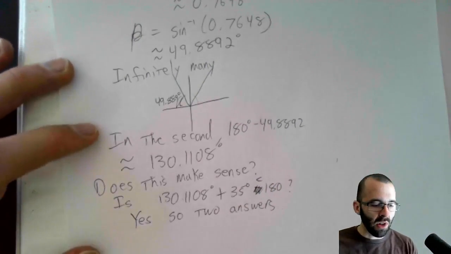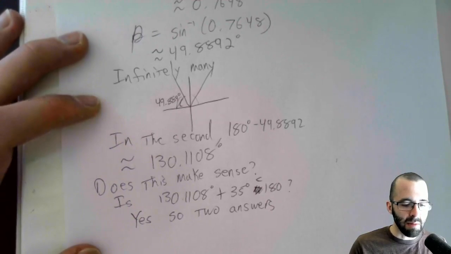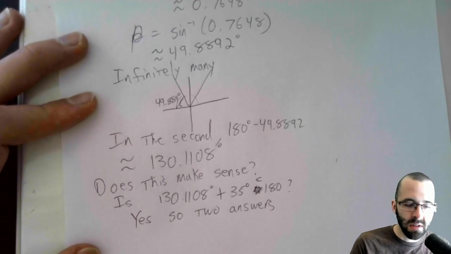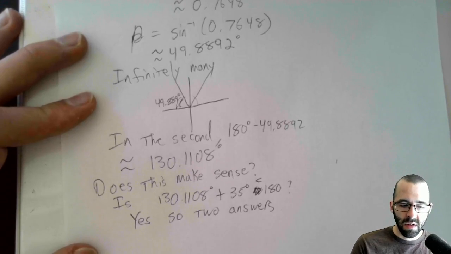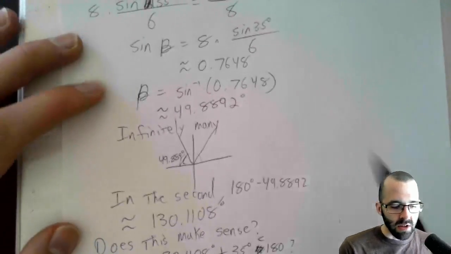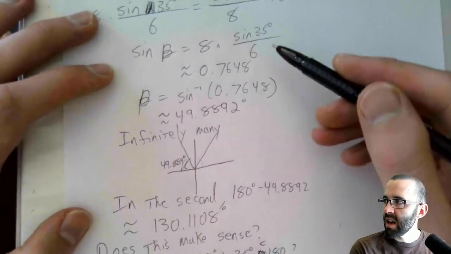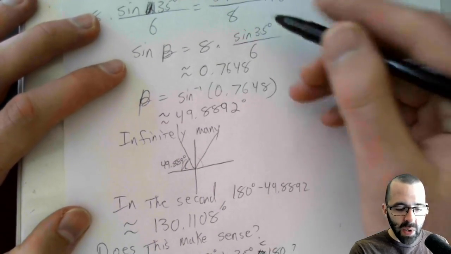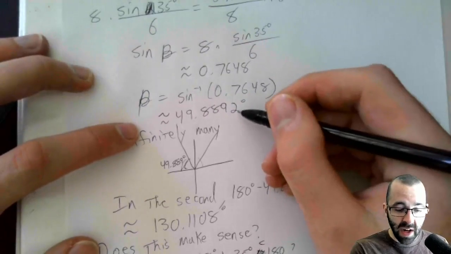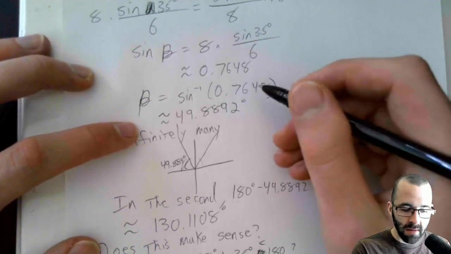This right here, this line of logic from the last 5 minutes is the most important thing from this whole section. Or maybe not the most important, but the trickiest. Okay? To find our beta, we used the law of sines, and that set up a trig equation. But trig equations have infinitely many answers. We found one answer with inverse sine.